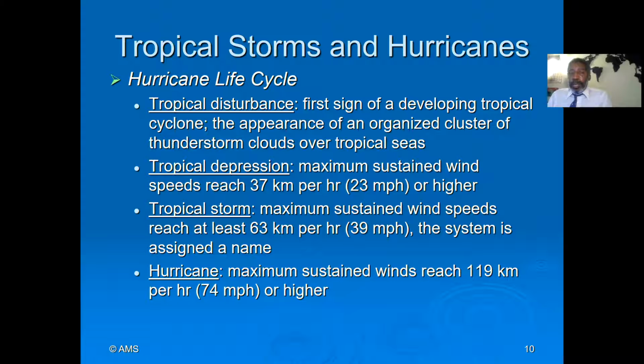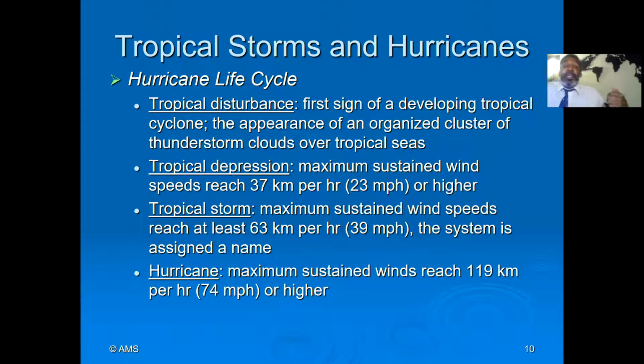So here is the life cycle again of a tropical storm. They start off as a low pressure center, a tropical disturbance, usually off the west coast of Africa near the equator. Once the low is spinning counterclockwise and those winds get up to 23 miles per hour, it's called a tropical depression.